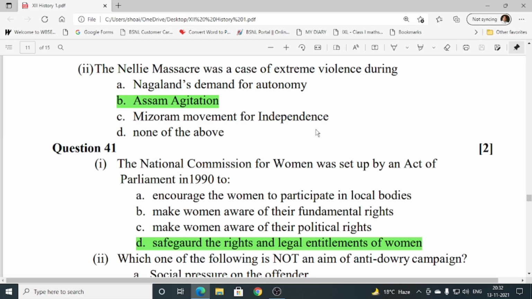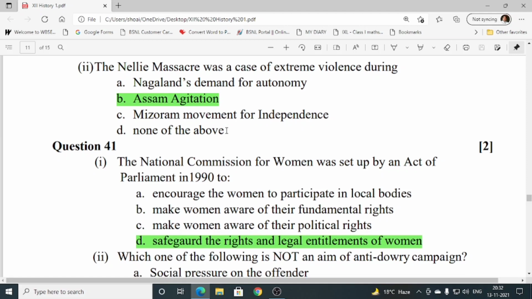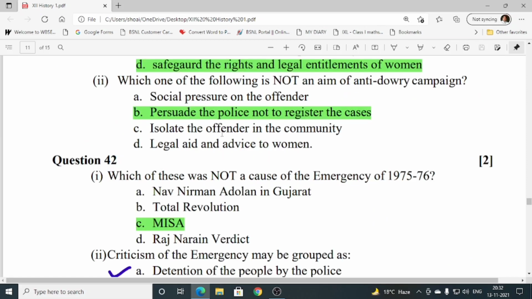Okay, number B. 41, the National Commission for Women was set up by an act of parliament in 1992 to D, safeguard the rights and legal entitlements of women. Number 2, which one of the following is not an aim of the anti-dowry campaign? So B, persuade the police not to register the case, is not an aim of the anti-dowry campaign.